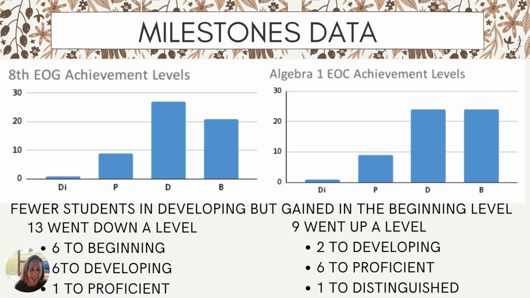We did have 9 that actually went up a level, so it was kind of odd to see that. 2 moved to developing. We had a lot that moved from beginning to proficient, but just not enough to offset the 13 that went down a level.